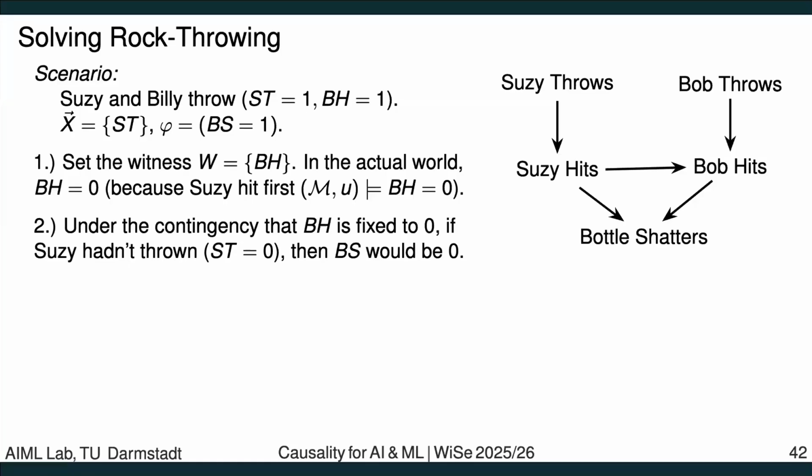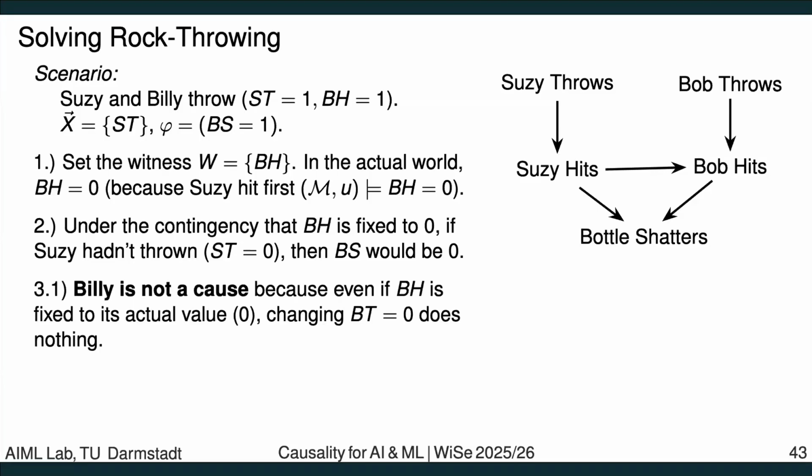Then we just consider that Susie does not throw. We see that the outcome is the bottle not shattering. And again, because we talk about minimal sets, if we choose these witnesses, this W, that way, then Billy is also not a cause, because that's then really standard do calculus or interventions.